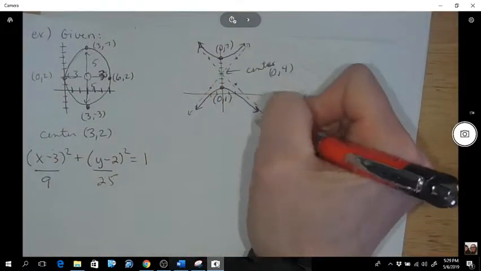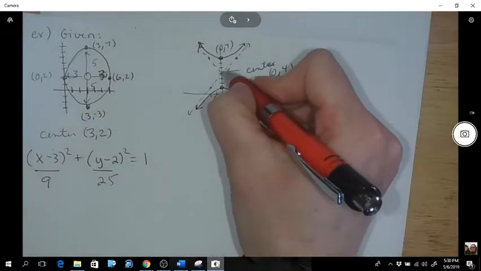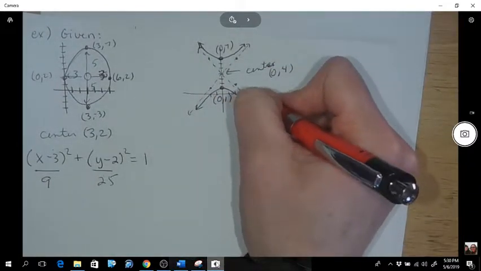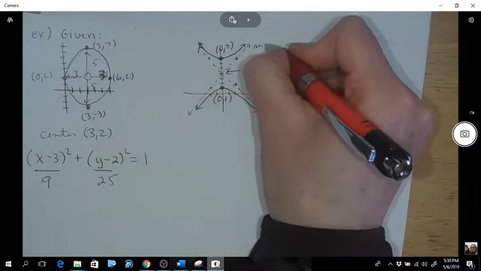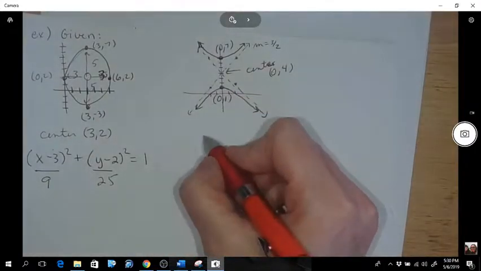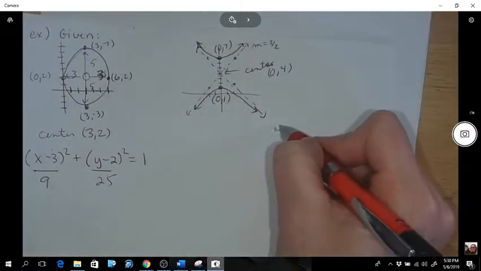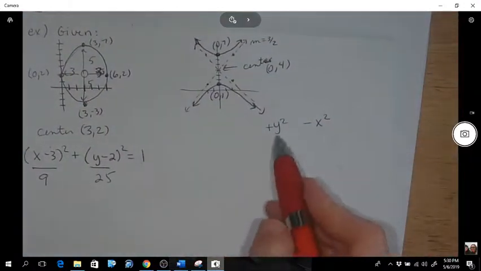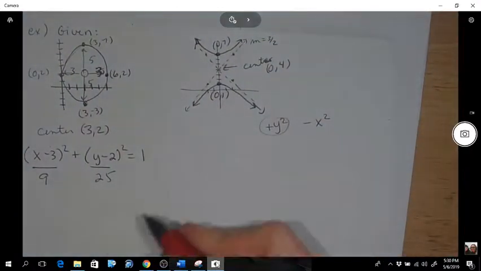Okay, and looks like we went up 1, 2, 3 over 2 to get that. Alright, so now we have y squared needs to be positive and the x squared needs to be negative because we're opening up, down.